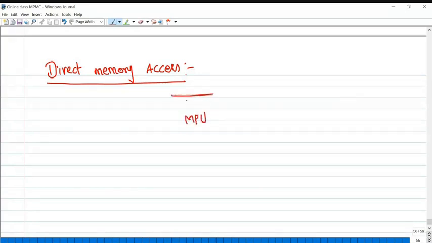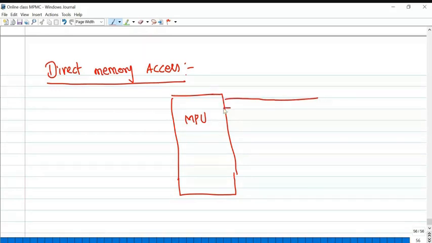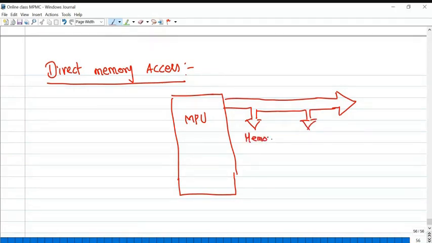The microprocessor has the internal address bus and data bus. Let's say this is the address bus, used to identify the memory location or to identify the IO devices.